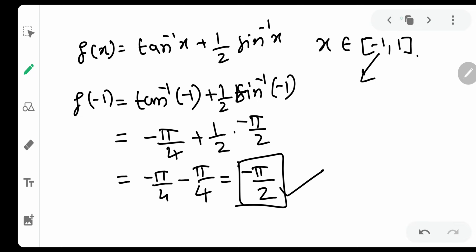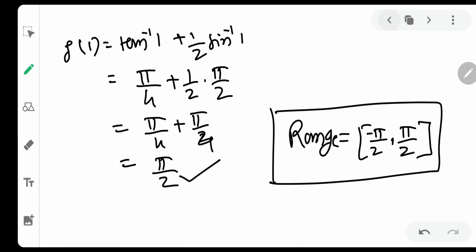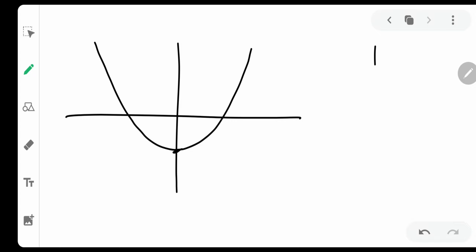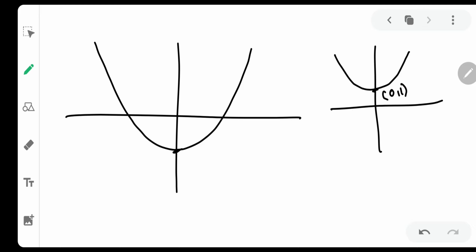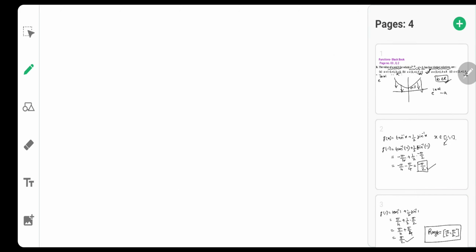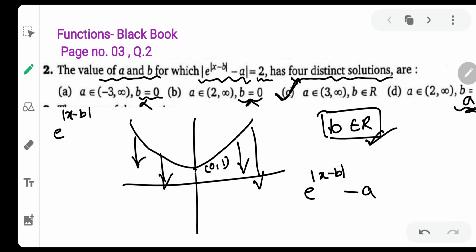So what we will do is we will put this graph like this, and this particular point is the shifting of, let us see, this particular point is the shifting of 0 comma 1. It means what? This has to be 0 comma 1 minus a. This has to be 0 comma 1 minus a. This has been pulled down by a units. Okay, so this has been pulled down.